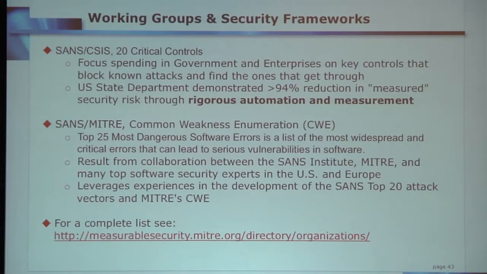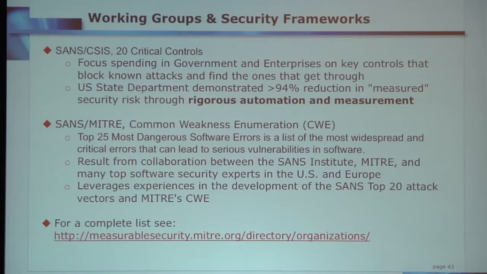Right, so SANS, an organization established in 1989 as a cooperative research and education organization. They're working closely together with government organizations and government entities to come up with security frameworks and build security consensus and security information.